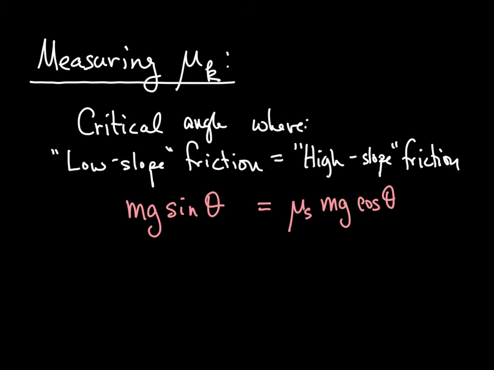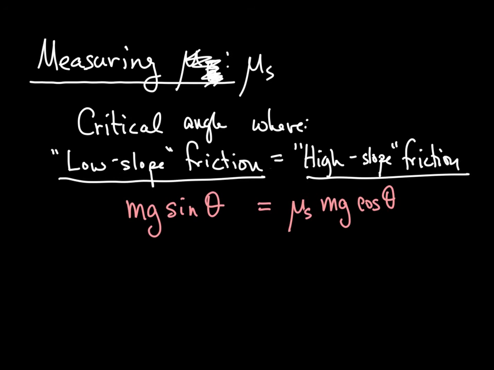So that brings me to how we can measure the coefficient of static friction. And that is that it's the critical angle where the frictional force you get in the low slope case is equal to the frictional force you get with high slope friction.